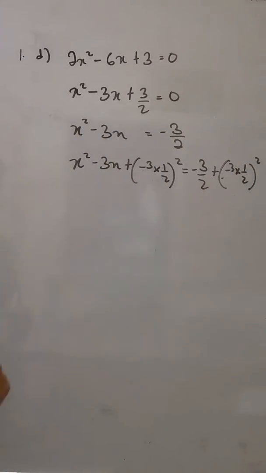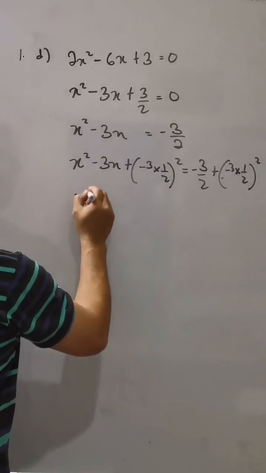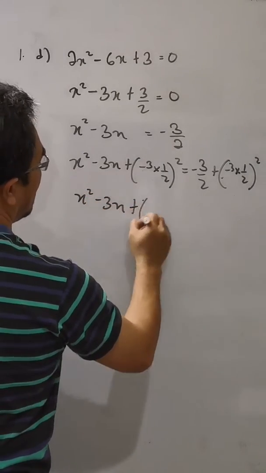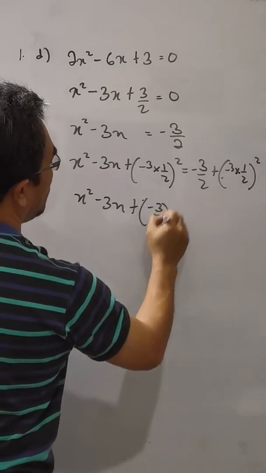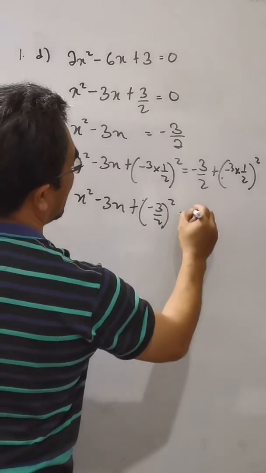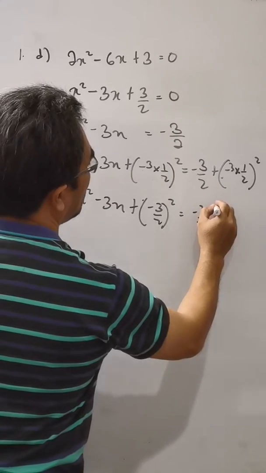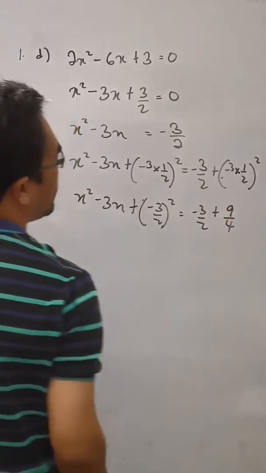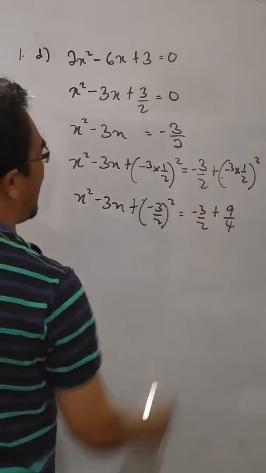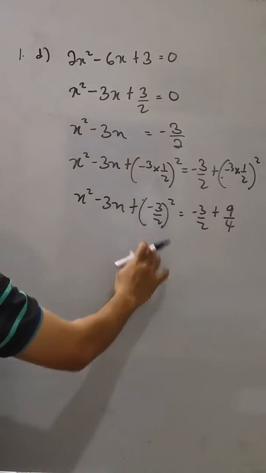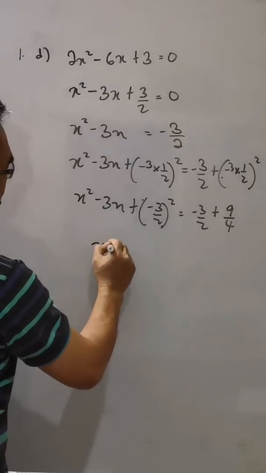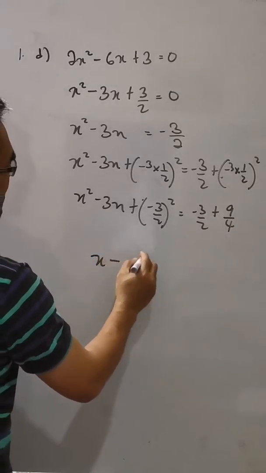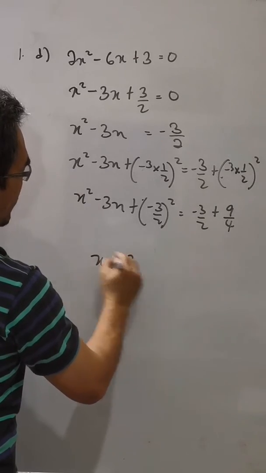Okay, so simplify. So x squared minus 3x plus negative 3 over 2 squared, negative 3 over 2 plus 9 over 4. Okay, we need this because we want to calculate. This one we just need to factorize. So the factorization will be x minus 3 over 2.